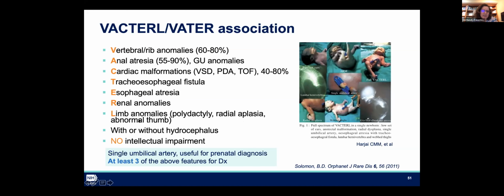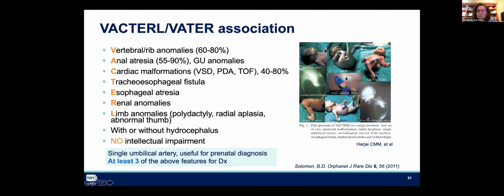Importantly, radial aplasia and abnormal thumb, with or without hydrocephalus, so it could be VACTERL-H, and usually not severe intellectual impairment. Classically, people know this from NICUs or so. It's a single umbilical artery. It's used prenatally for the diagnosis, and then you need 3 of the above features to reach the diagnosis.